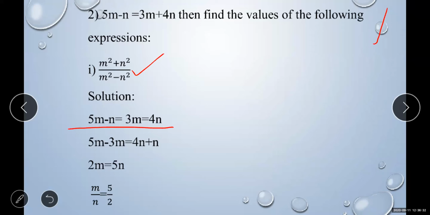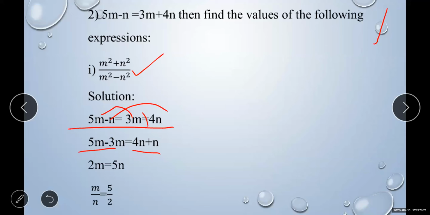Just write down whatever is given. What is given? 5m minus n is equal to 3m plus 4n. Now put the m terms on the left side and the n terms on the right side. So 5m minus 3m, and 4n plus n. As we change the side, the term's sign will also change.